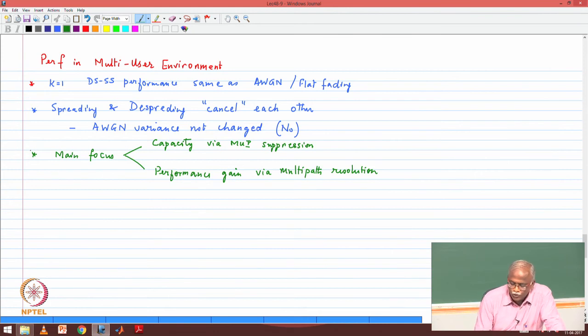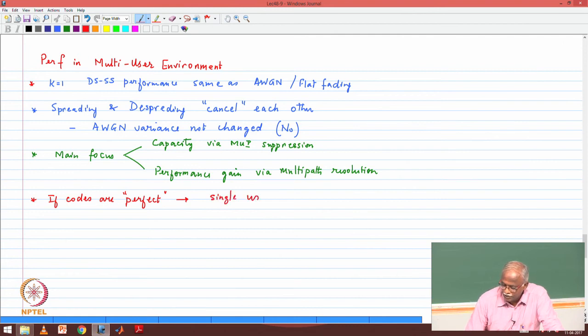Okay. So, here is probably the most important statement. If my spreading codes are perfect, that means they are perfect in terms of mutual orthogonality and self orthogonality, then what we will achieve is called a single user bound. Okay.